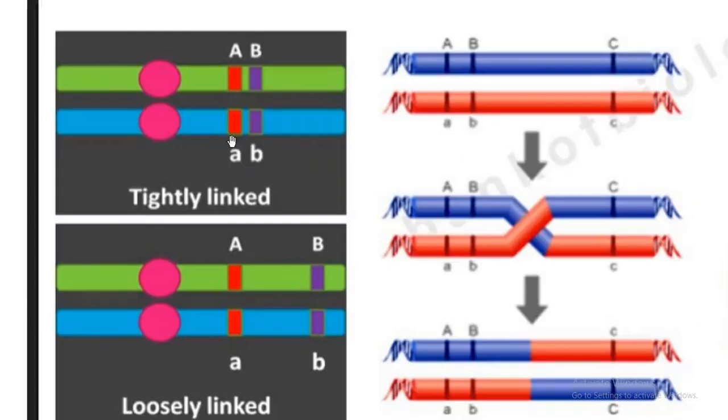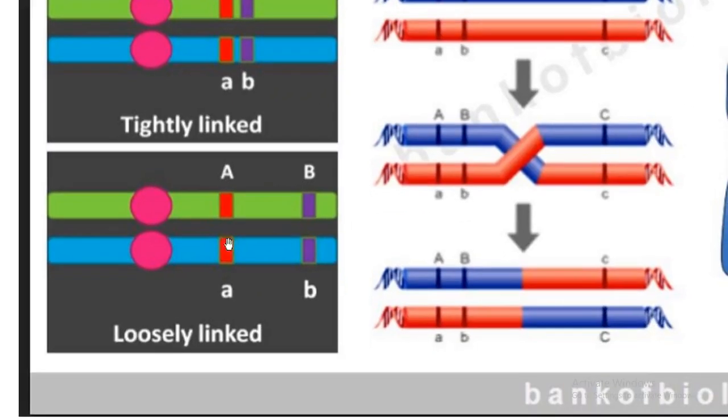ஸோ இந்த இமேஜில் பார்த்தீங்கன்னா we have in this locus capital B dominant and small b. இப்போ இந்த A and B are very near. Okay, which means linkage வந்து ரொம்ப ரெண்டு ஜீனும் ரொம்ப பக்கத்துல இருக்கு. They are tightly linked.